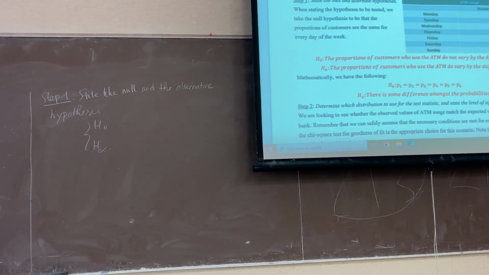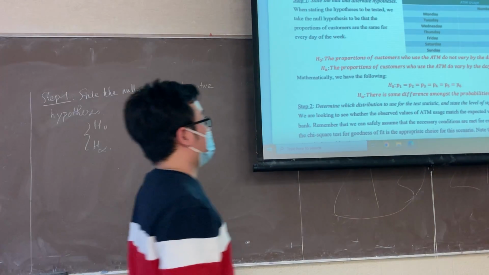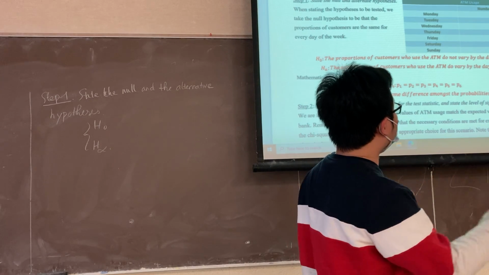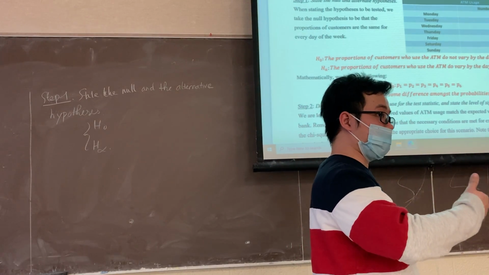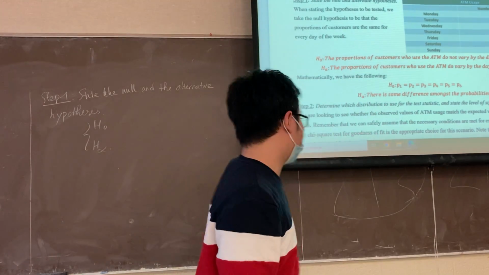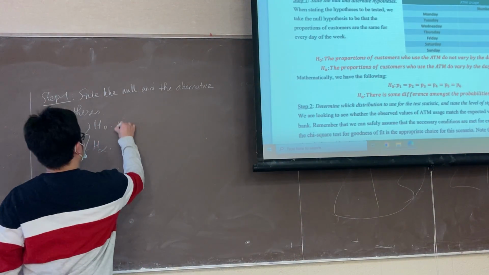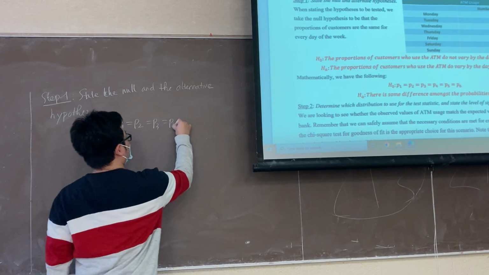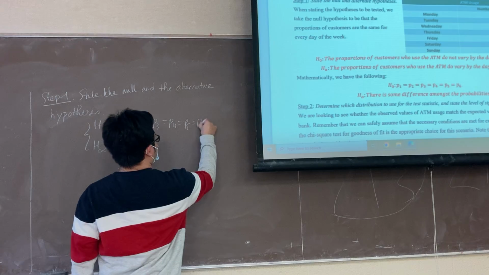The bank manager assumes the ATM is used consistently throughout the week, including weekends. That means the probability to use the ATM on Monday is equal to the probability to use the ATM on Tuesday, on Wednesday, on Friday, it's all equal, right? That is the null hypothesis. B1 equals B2, B3, B4, B5, B6, B7.